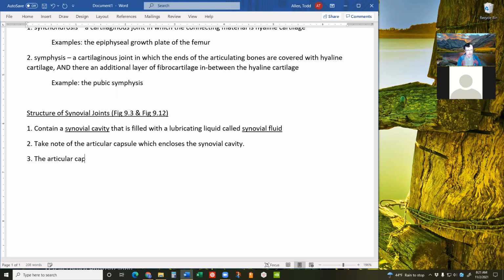The articular capsule is made of, first, an outer fibrous membrane. In figure 9.3, if you're looking at part A on the right side, you'll notice you see the fibrous layer. On picture B along the left side, you see the fibrous layer. So the articular capsule is made of a fibrous layer, which is sometimes referred to as a fibrous membrane.